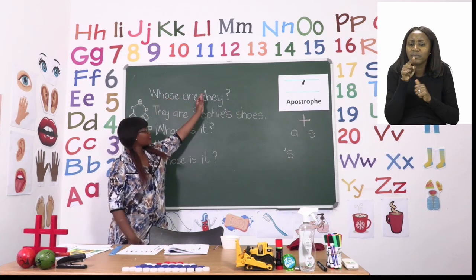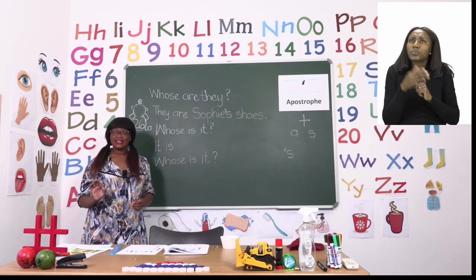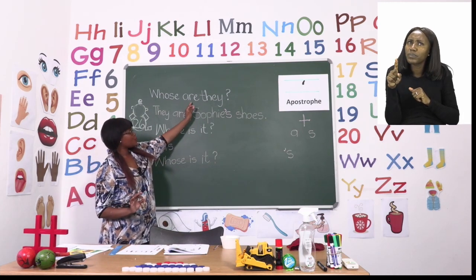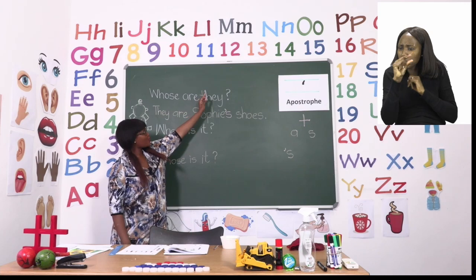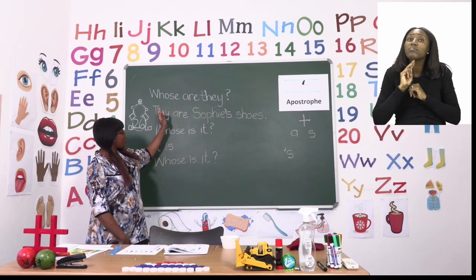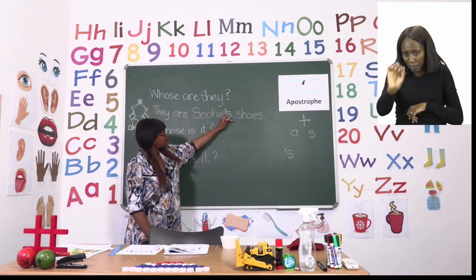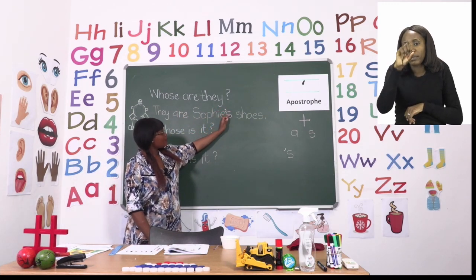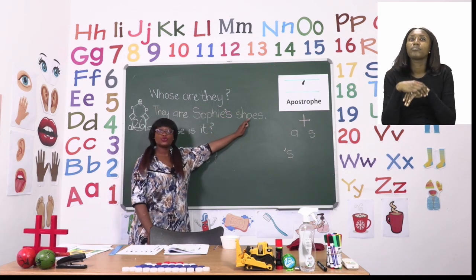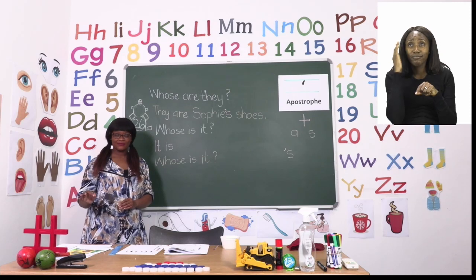Whose are they? To make sure that we answer it correctly, we take the last two words going backwards. They are, we have put it here, they are, then we have said Sophie's with our apostrophe and our S, shoes. Now we know that the shoes belong to Sophie.